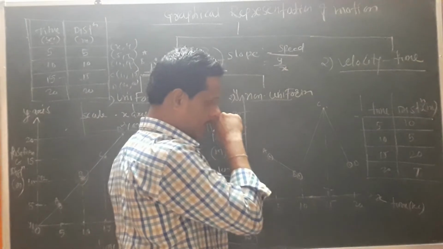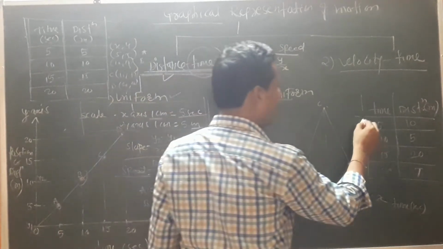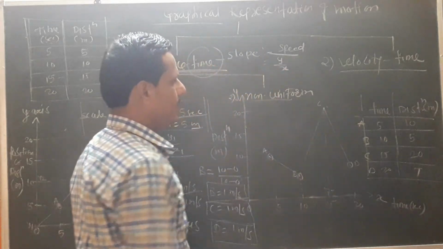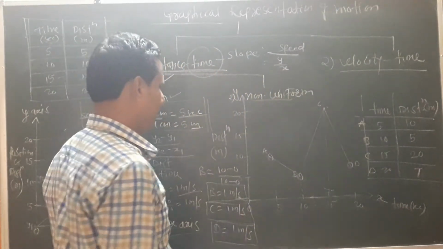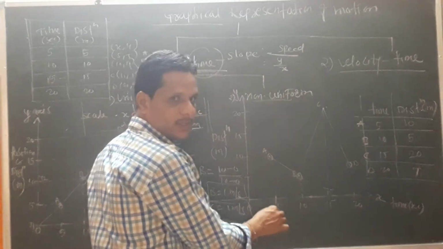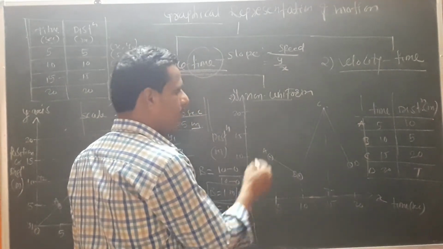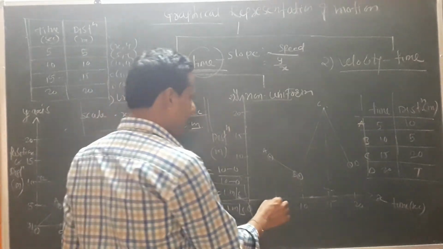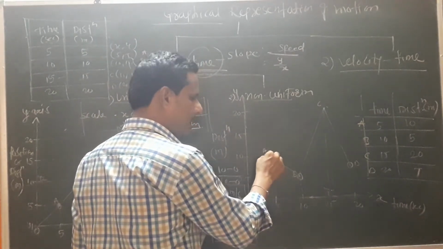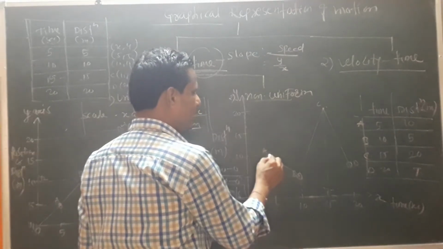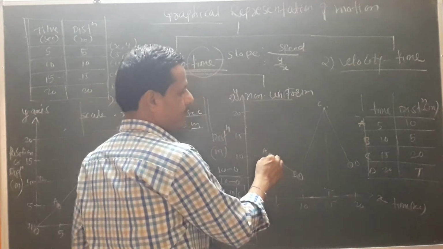Here my first point is A, then B, C and D. At point A, after 5 seconds, my object, which might be a car, a person, whatever, covers 10 meters. So for 5 seconds it covers a distance of 10 meters. So here I plot point A.